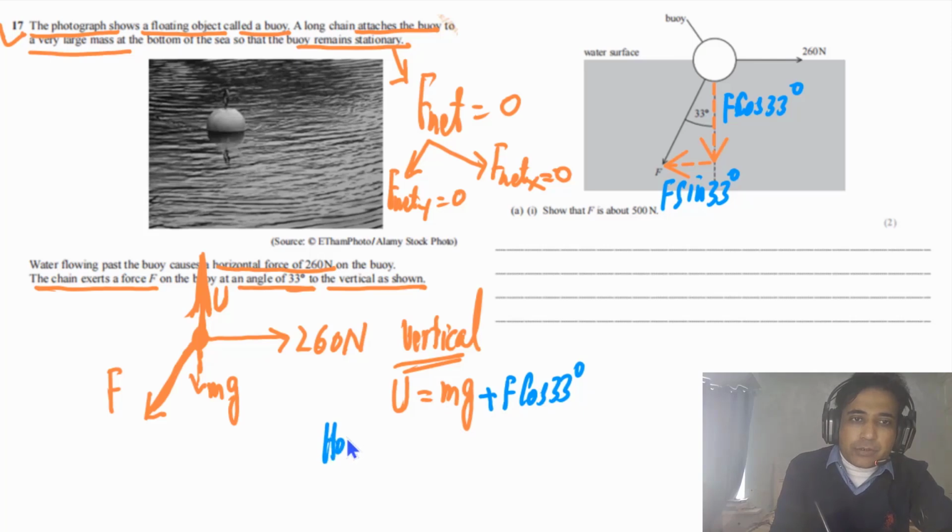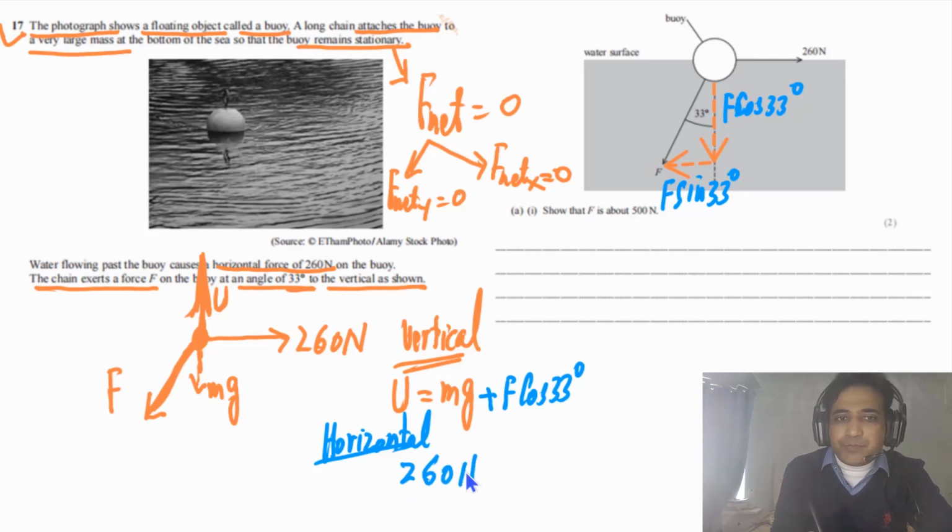Now if you look at forces acting along horizontal, we have one force that is acting to the left. We have 260 newtons, and this force has to be equal to this one because the resultant force is 0. The better way of writing is that we say 260 newtons minus, taking to the right as positive, minus F sine of 33 degrees.